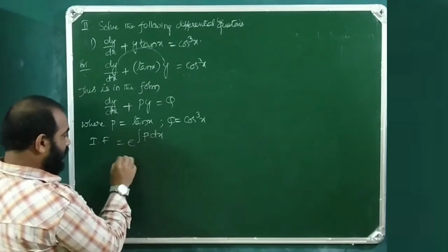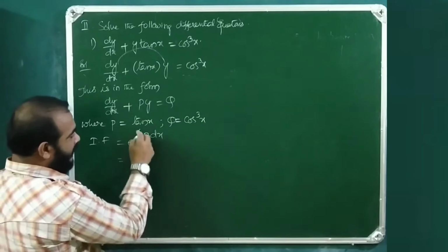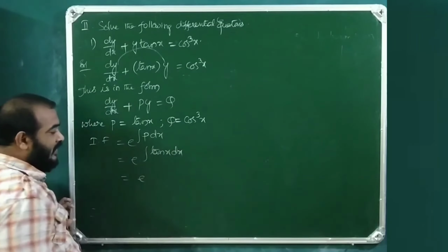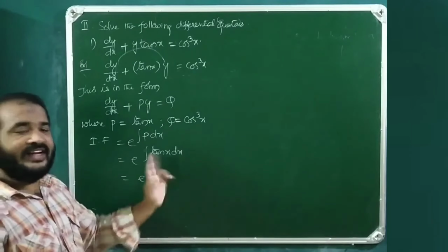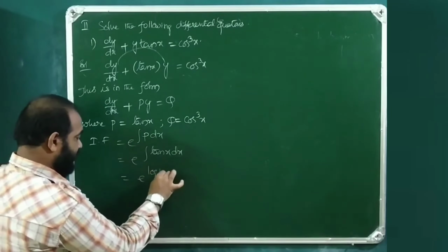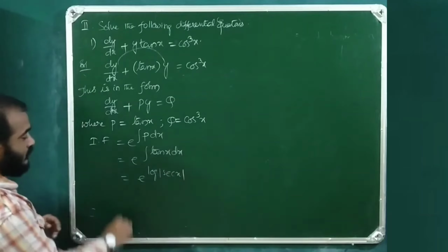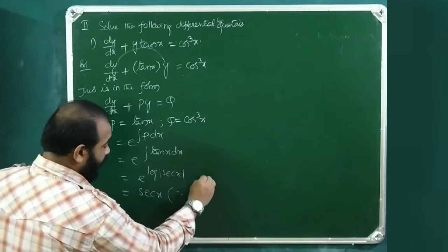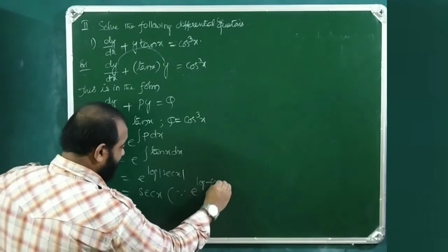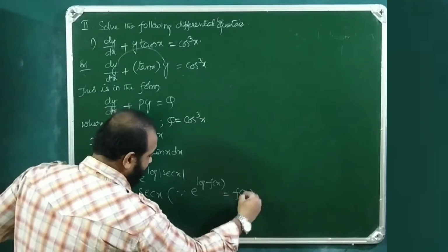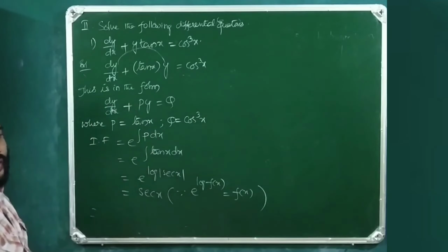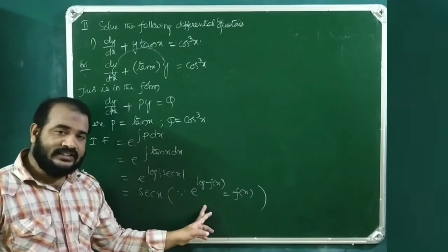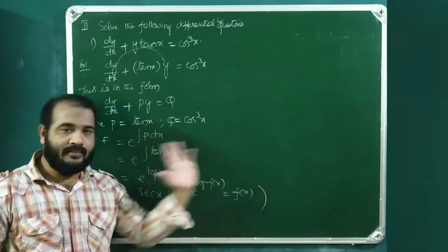E power integral tan x dx, and integral tan x is log mod secant x. So e power log secant x, that means this is secant x, since e power log f of x is equal to f of x, which we have discussed in the lower classes. So this result we are extensively using throughout the entire chapter.